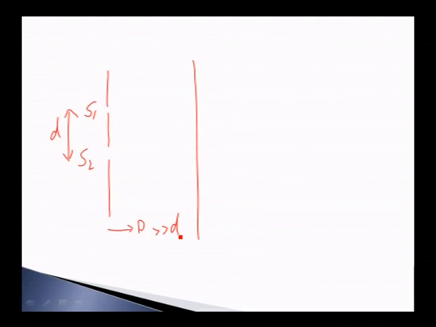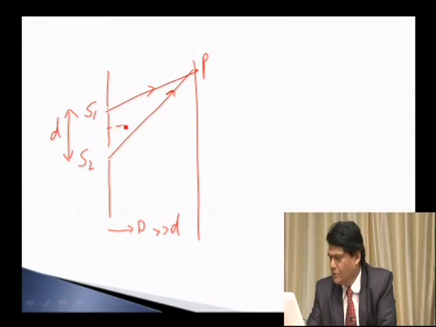Now, the light from S1 falls on the screen at a point, say P. This is the light from the source S1, and one more light from S2 falls on the same point. Now, let us divide the distance between the slits exactly in the middle.